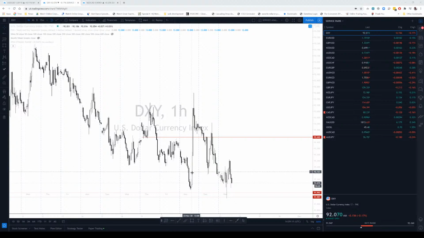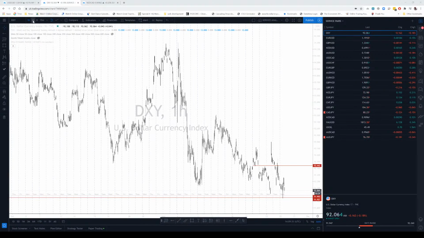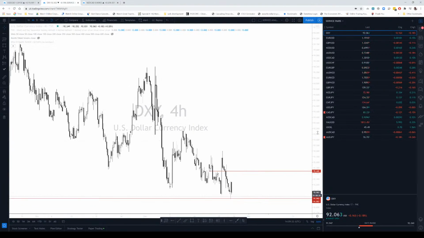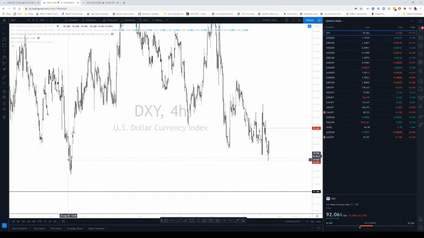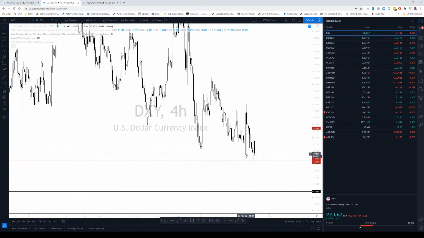Right, Monday we were expecting price to drop to this gap on the 4-hour right here, and during the live session we had this incredible move to the upside, and we are back down there again.